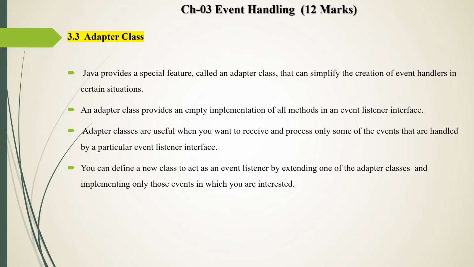Next, you can define a new class to act as an event listener by extending one of the adapter classes and implementing only those events in which you are interested.